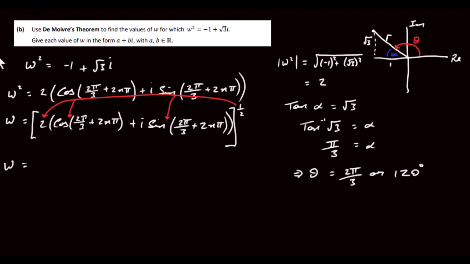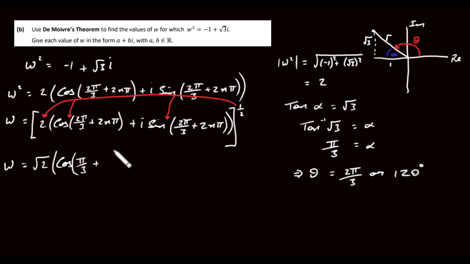So let's do that. First of all, we've got 2 to the power of a half, which is just square root 2. Now I've got the cos of a half of all of this here. So that's going to be the cos of, if I get a half of 2 pi over 3, that's just going to be pi over 3.